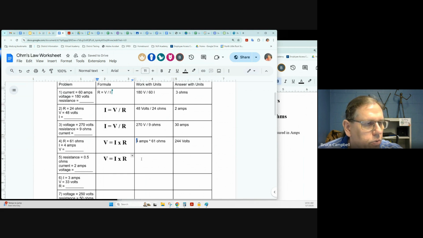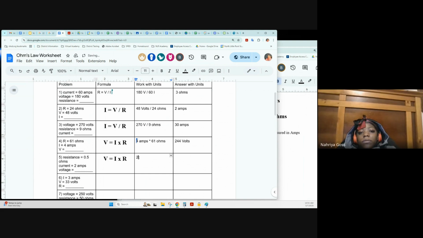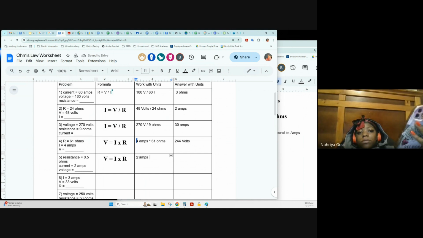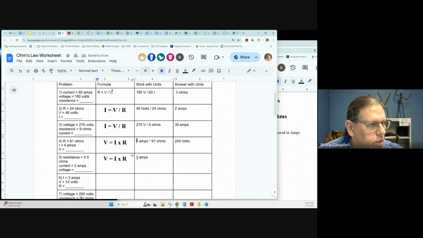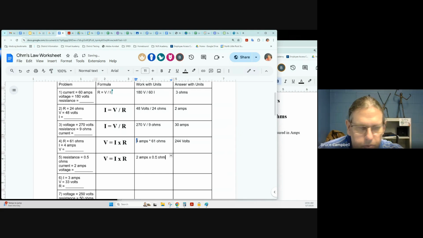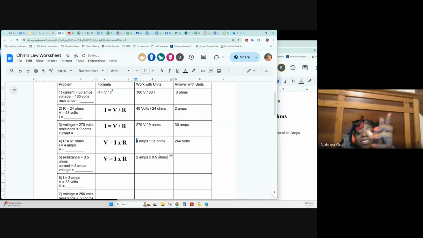So if we plug in our numbers, right? 2 amps. I'm just plugging in numbers here. So that's multiplication, and 0.5. That's 1.